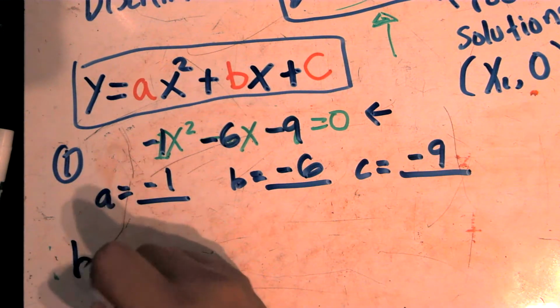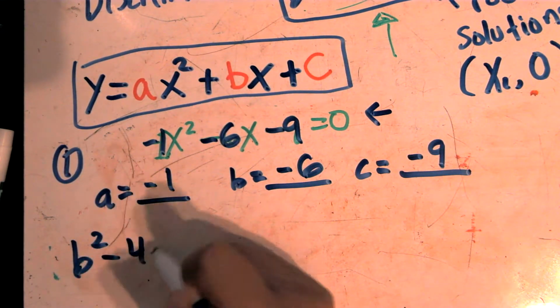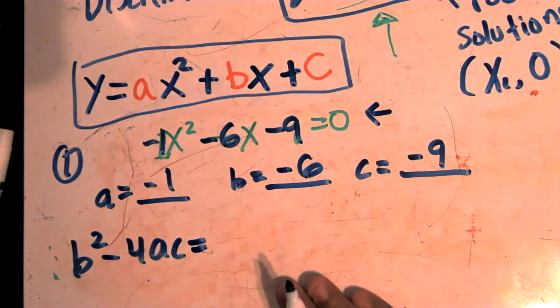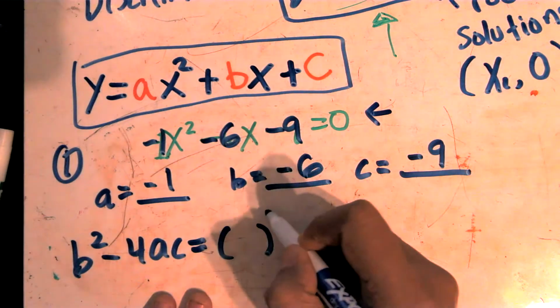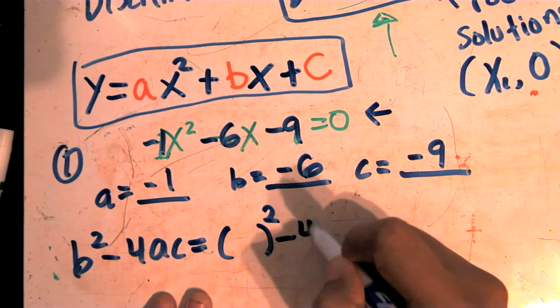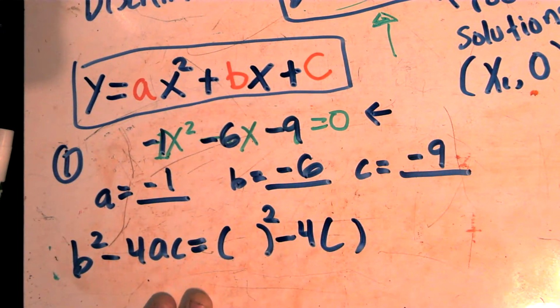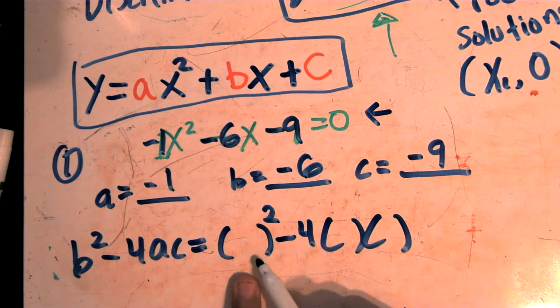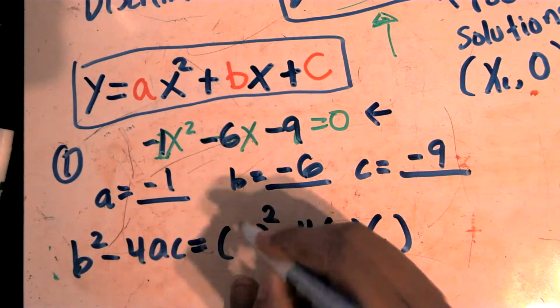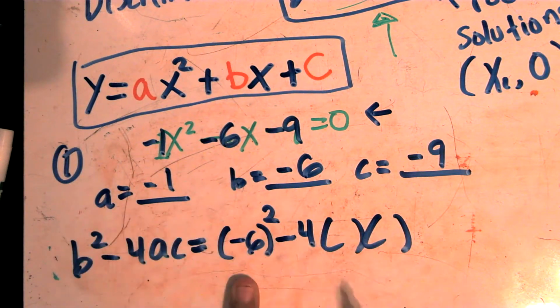So now I can plug in b squared minus 4ac. And now this side, I'm going to rewrite it with my placeholders for b, my placeholder for a, my placeholder for c. And I'm going to make sure I'm bringing down my b first, not my a, because the formula says b squared.